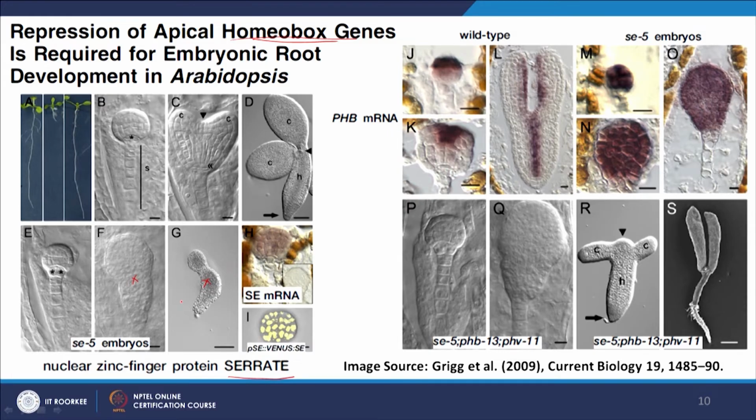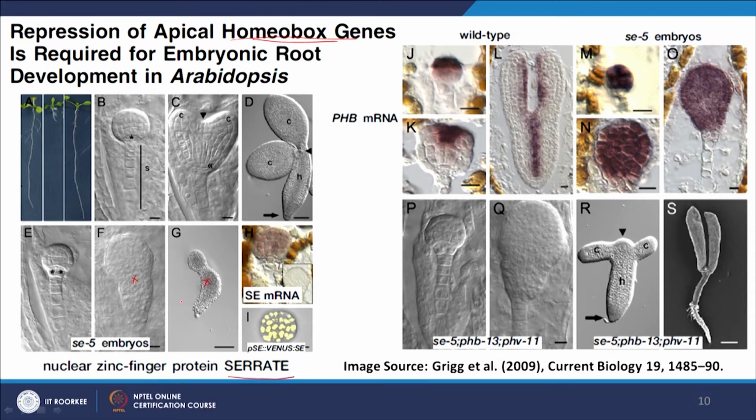But what happens if you combine this serrate mutant with some of the Homeobox genes like fabulosa and revoluta, these are homologs? If you make a double mutant or triple mutant, this defect of the serrate mutant is complemented.